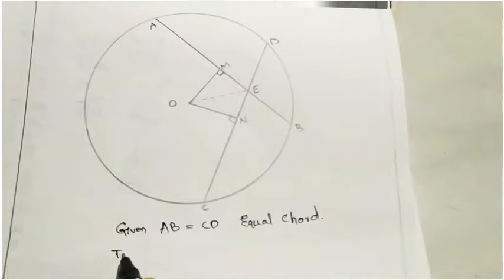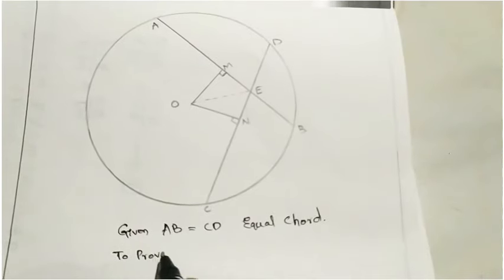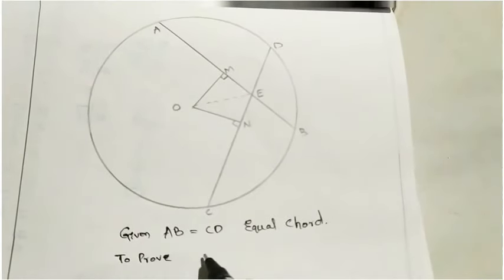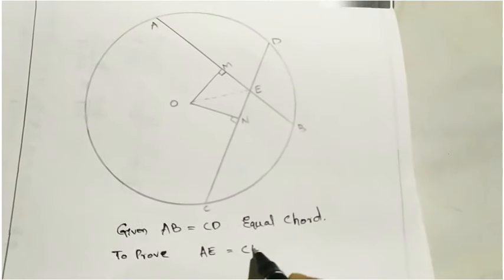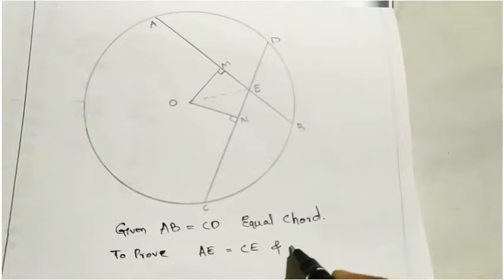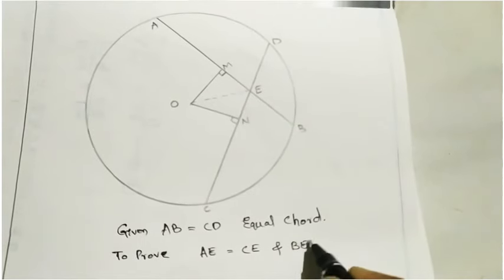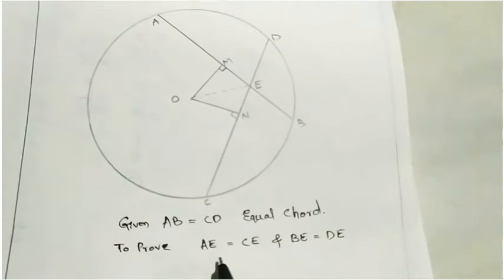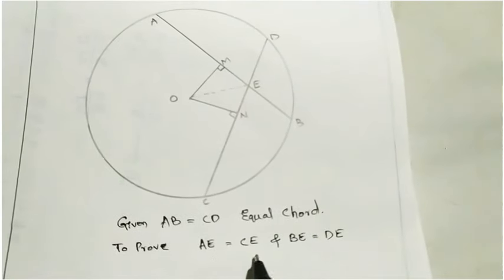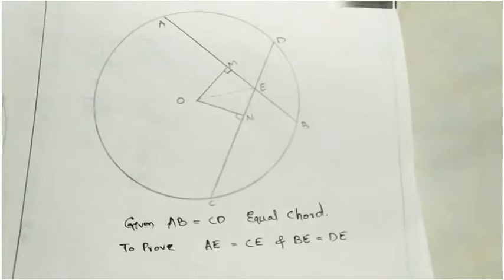Now we have to prove that the segments, meaning AE equal to CE and BE equal to DE. We have to show that the segments of one chord are equal to the segments of another chord.